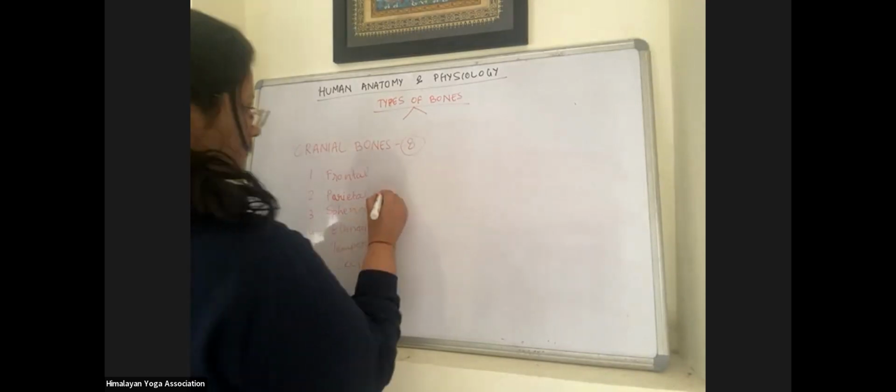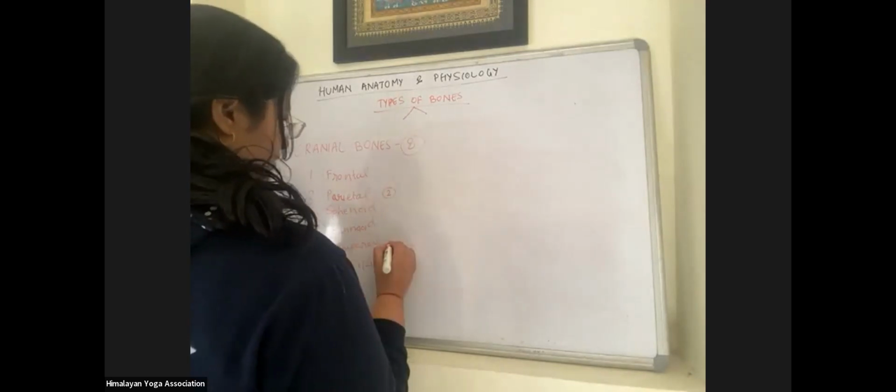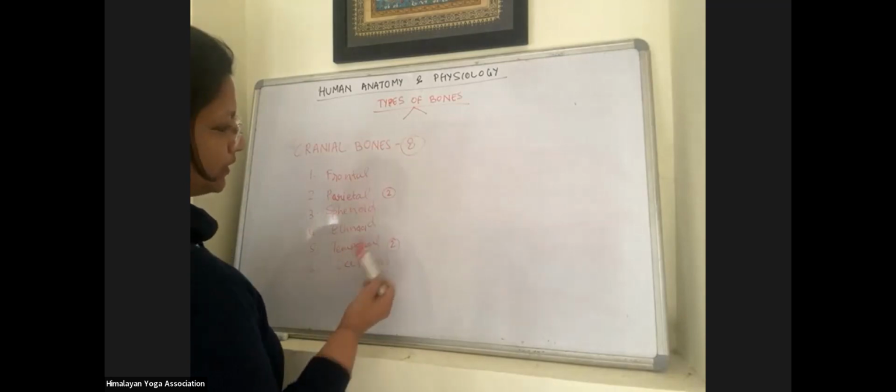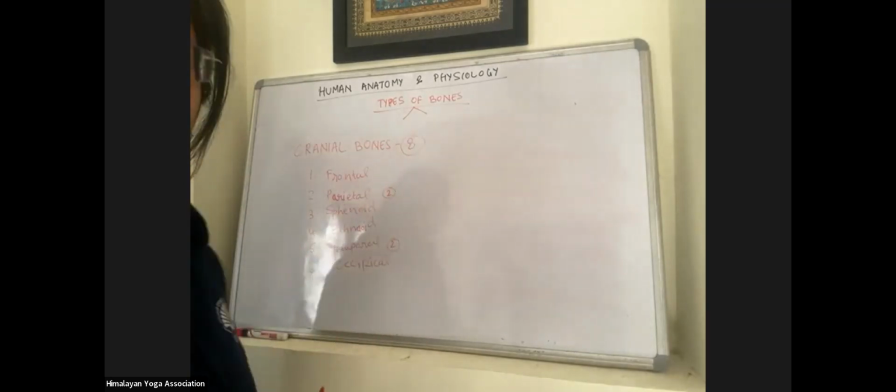So these are in pair, this parietal and temporal. So total we have 1, 2, 3, 4, 5, 6, 7, and 8. 8 bones in the cranial cavity, cranial bones.